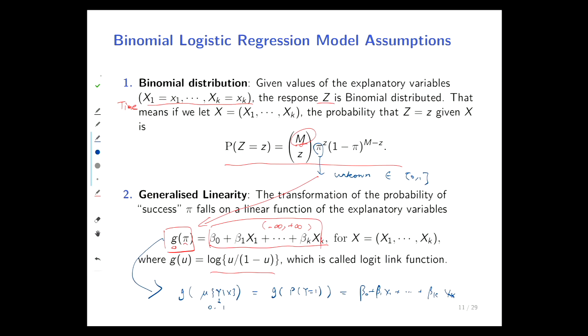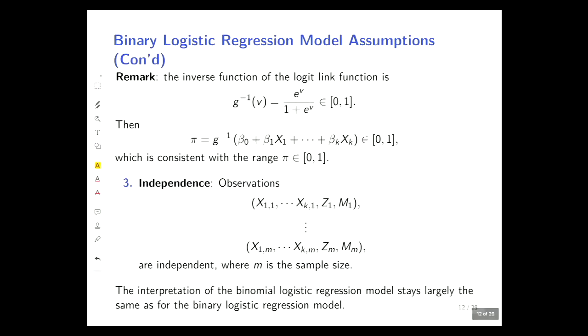So basically, you can consider this equation as very similar to the binary logistic regression model, but we have a slightly different interpretation for this probability of success. So that's the second assumption. By using the second assumption, we can compute the inverse of the logit link, which is called the logistic function.